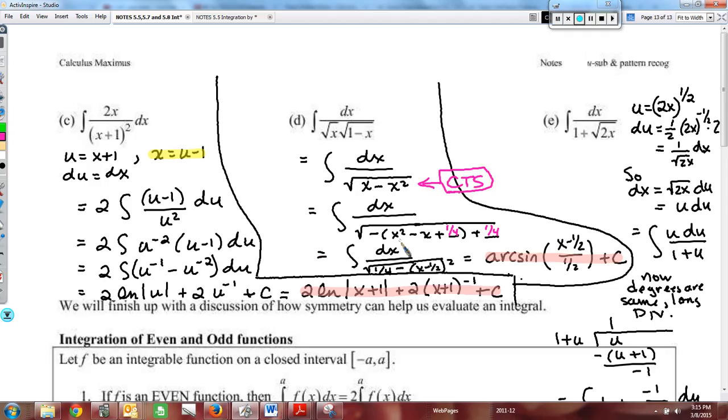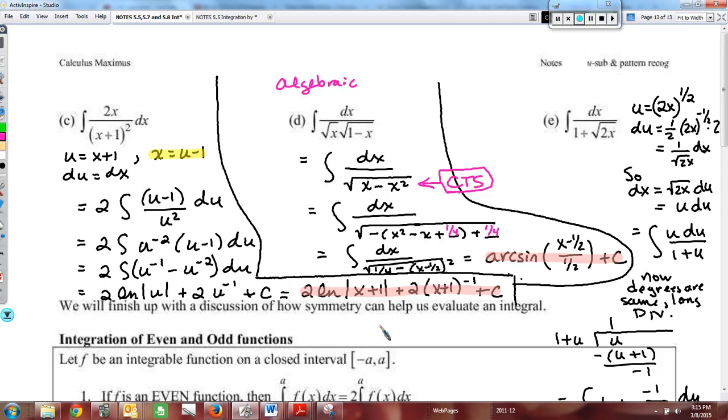So I went ahead and completed the square, turned it into the difference of 2 perfect squares, which is my arc sine, and I applied my u over a rule that I had for that. So possible, you just had to recognize that this was actually not a change everything to u problem. This was an algebraic technique where you just had to distribute and then complete the square.